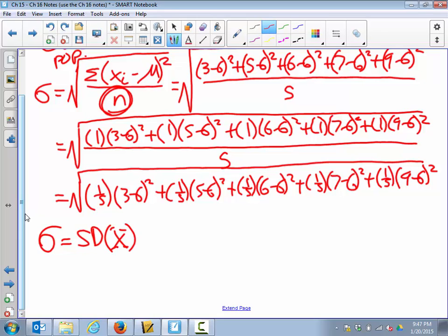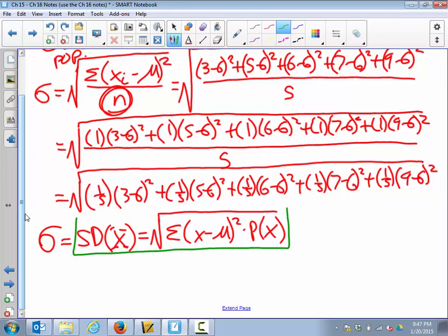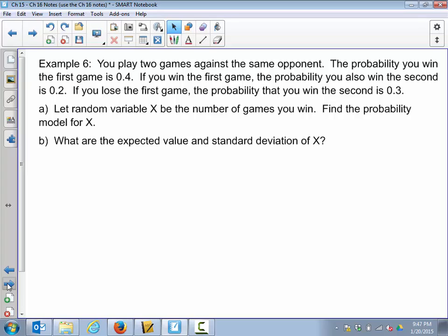Well, a standard deviation, which we can write as the standard deviation of a random variable, is equal to the square root of the sum of these products, each individual value minus the mean squared, times the probability that that value be chosen at random. Okay? So you've got another important result here. We're going to use it next slide.